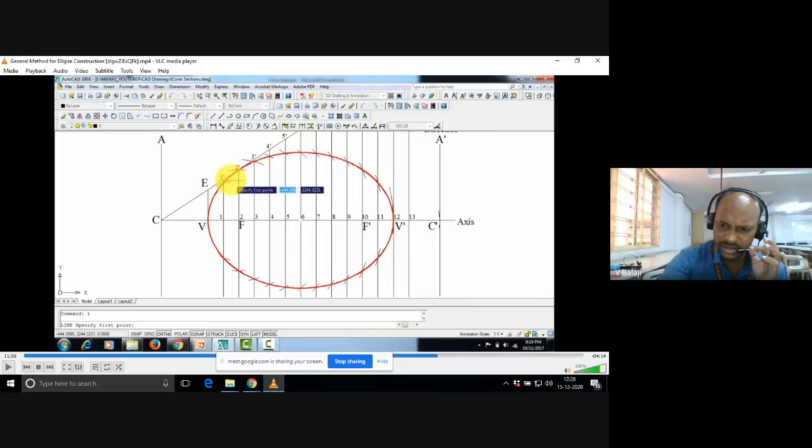But if you use mechanical tools, it takes minimum half an hour, 30 minutes to draw this entire ellipse. But if you use computers, if you have hands-on experience, you can finish this ellipse within no time. You will be surprised if I draw an ellipse within 2 seconds.